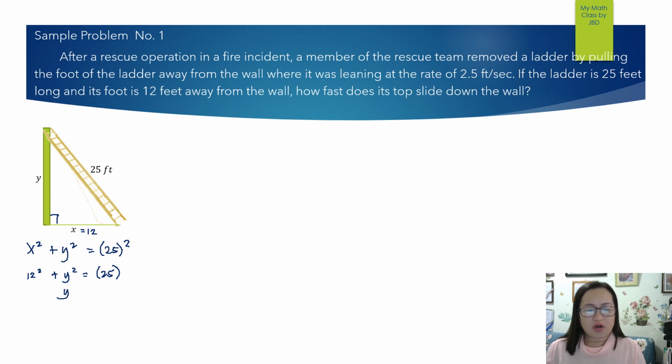Now solving for y, we will have the square root of 25 squared minus 12 squared. So we will have the square root of 625 minus 144. That is approximately equal to 21.93.